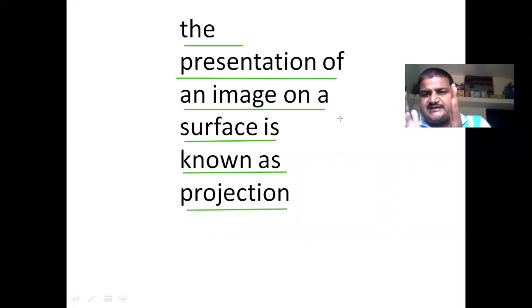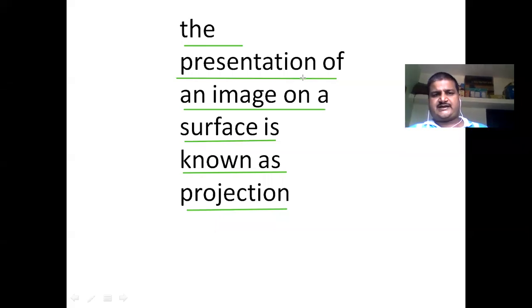As far as engineering drawing is concerned, we are going to present our drawing on the page, on the drawing sheet. In your notebook, you are going to present an image on that drawing sheet, and that's why it is known as projection.